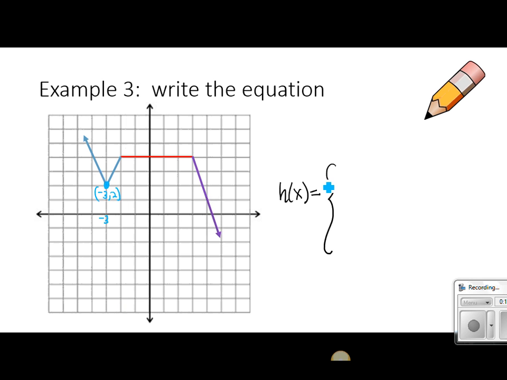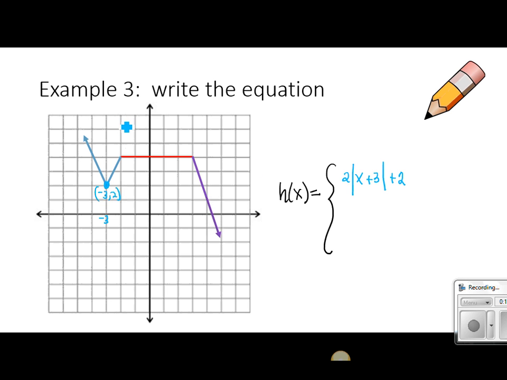So how do I write the equation of a V? Well, I need the slope. So let's figure out the slope. Up 1, 2 over 1, so the slope is 2. It went left 3, which means I'm going to do a +3. And then it went up 2, which means I'm going to do a +2.